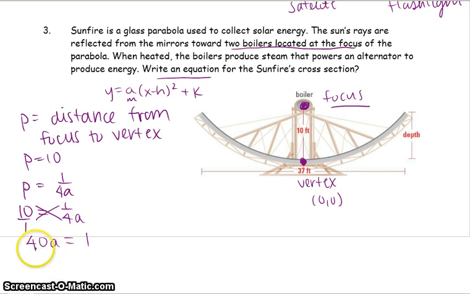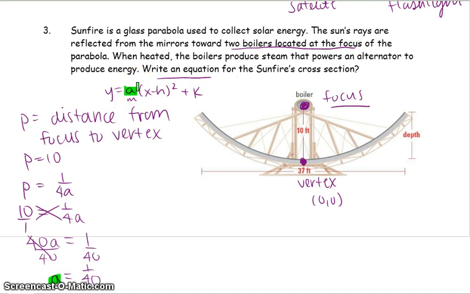To get our a by itself, we divide both sides by 40. So we would get a equals, those cancel, 1 over 40. Okay, so this is our a value. We can just plug this in into our equation where we see a.